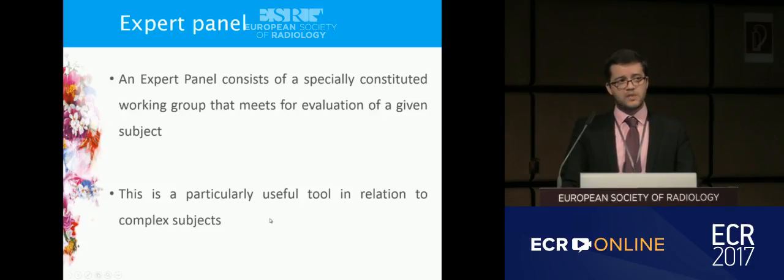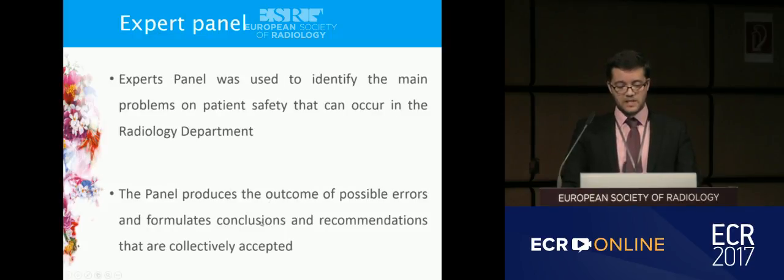This is particularly useful in complex subjects. An expert panel was used to identify the main problems of patient safety in the radiology department. We can use this just for the radiology department, and it's expected from the expert panel to produce outcomes of possible errors and formulate conclusions and recommendations on patient safety.